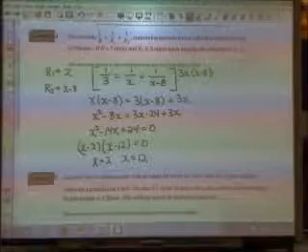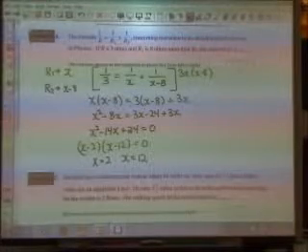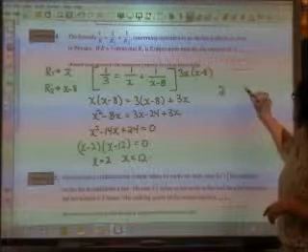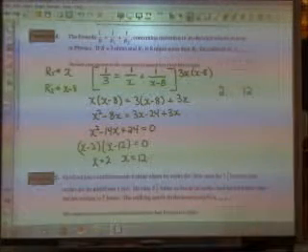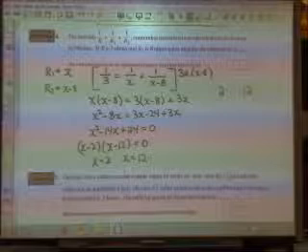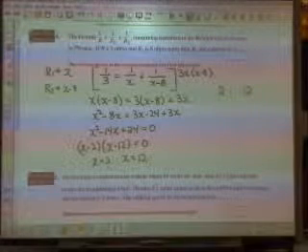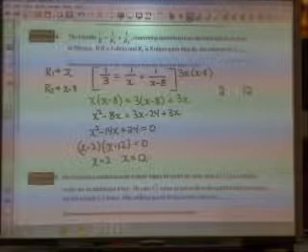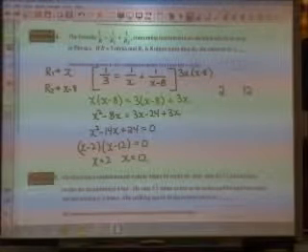But I can't have two values for R1. Either R1 is equal to 2 or it's equal to 12. Which one is it? Why 12?